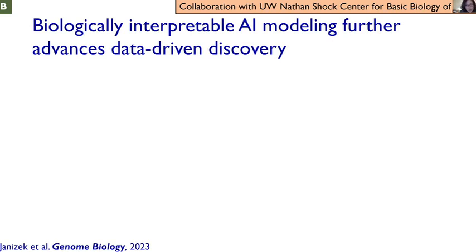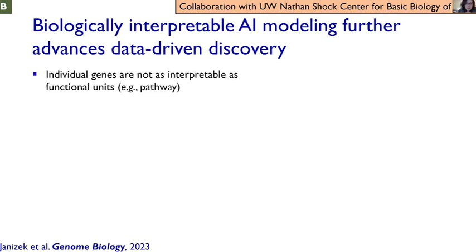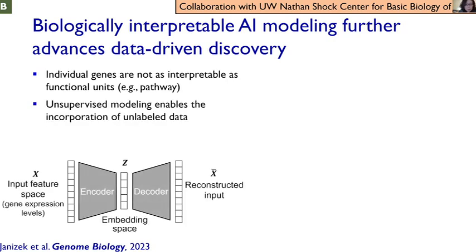The current explainable AI attempts to explain the prediction based on the input features, but individual genes are not as interpretable as biological pathways, some kind of functional unit. The second improvement we made is the use of unsupervised modeling, which does not require predictive labels for individual data sets.